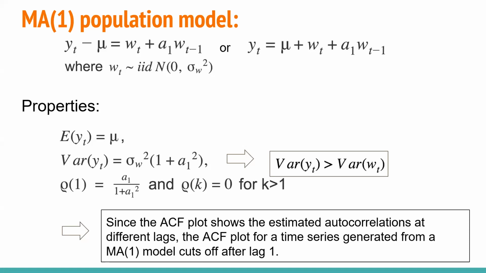But in the case of the moving average model of order 1, what cuts off after lag 1 is the ACF plot. So you're actually going to switch that. That is why I said you need to pay attention to this, so that you don't confuse one with the other.